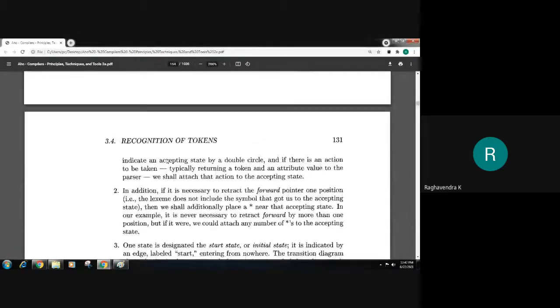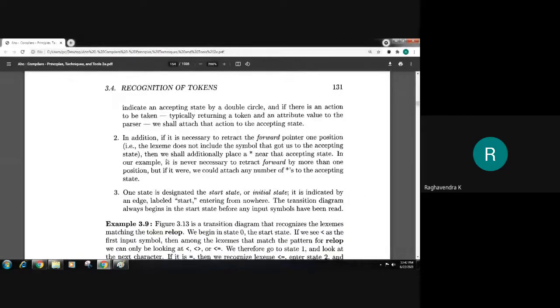Next, we indicate the final state or the accepting state using a double circle. Next, it is necessary to retract the forward pointer by one position when the lexeme does not include the symbol that got us to the accepting state.